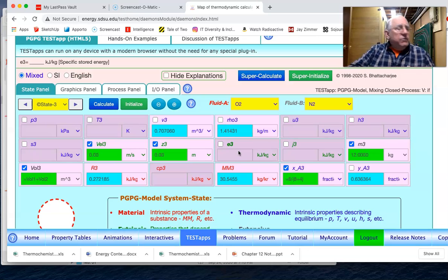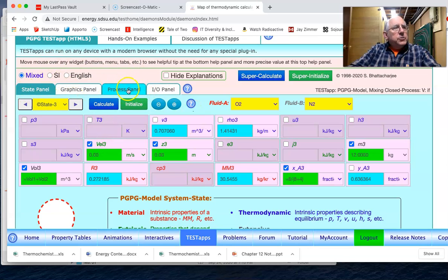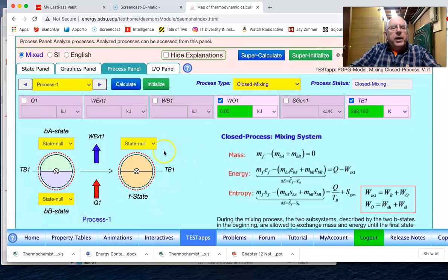None of that energy leaves because the mixing was done in an insulated rigid tank, so there is no boundary work and no heat transfer. That gets put in through the process panel. The process panel allows state 1 to be a before state and state 2 to be a before state. These two combine together when we remove the partition, or open the valve, and we end up with state 3.